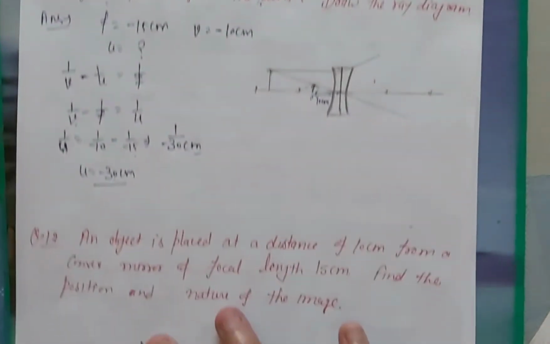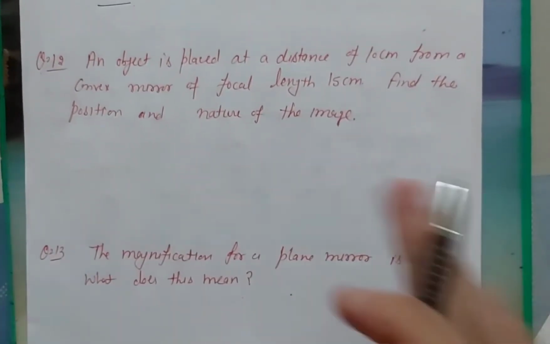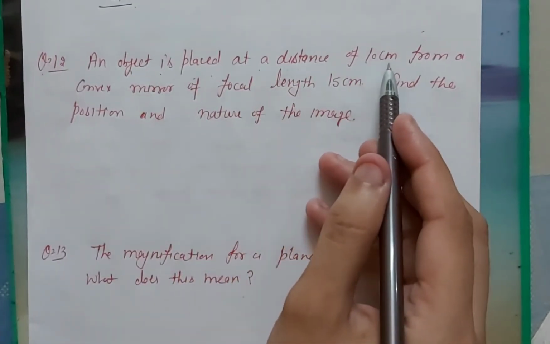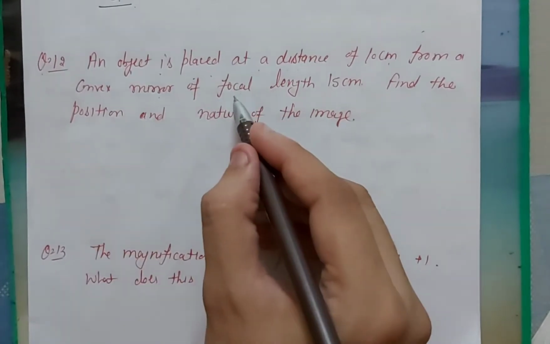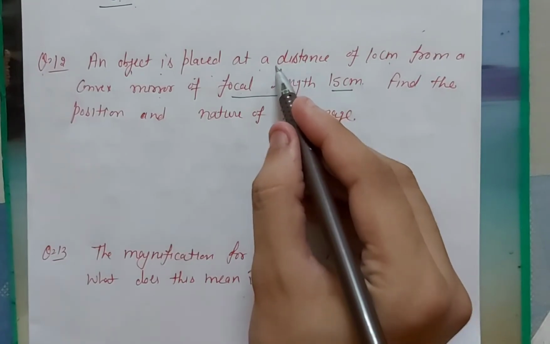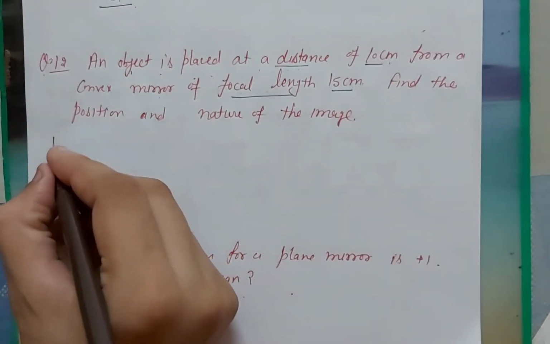Okay, next question is 12th question. An object is placed at a distance of 10 centimeter from a convex mirror of focal length. Focal length is given 15 centimeter and distance is given 10 centimeter.